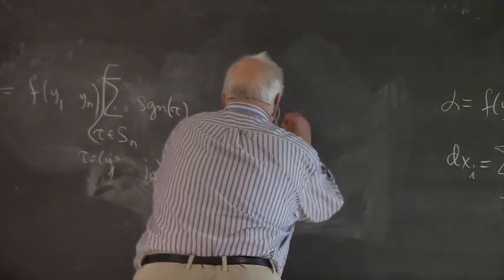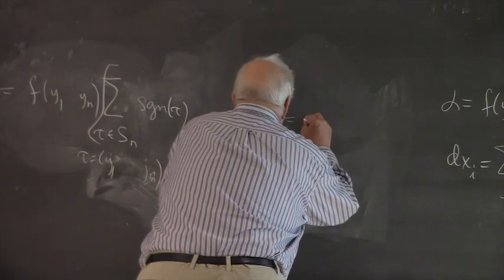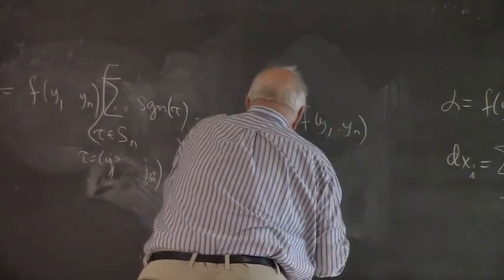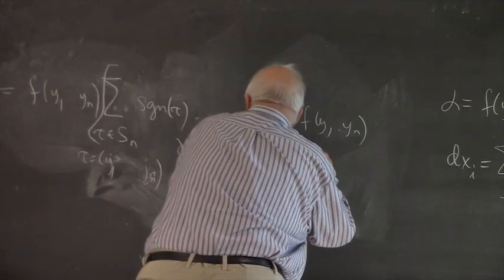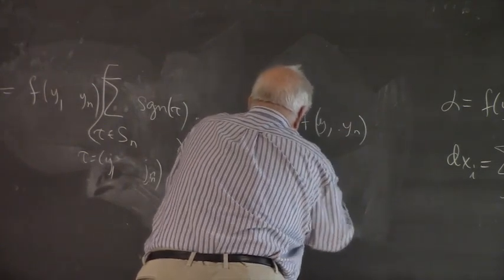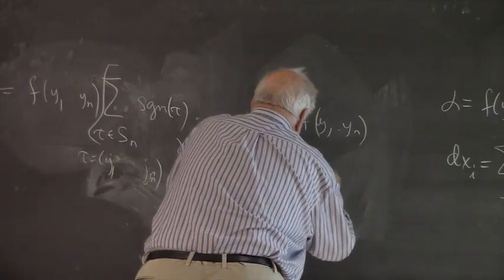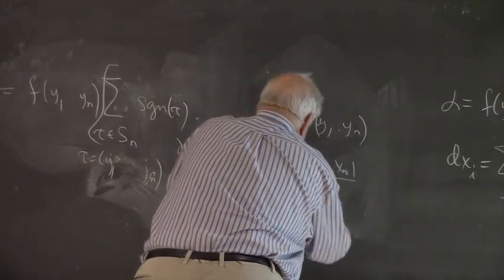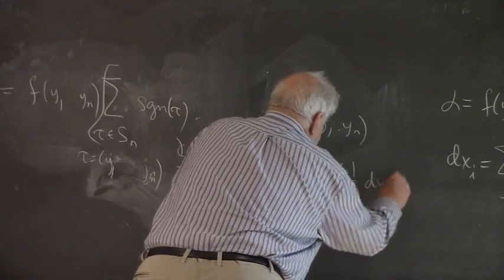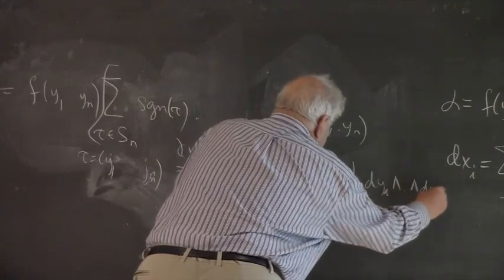So my form alpha is f of y1, ..., yn times d(x1, ..., xn) over d(y1, ..., yn) dy1 ... dyn.